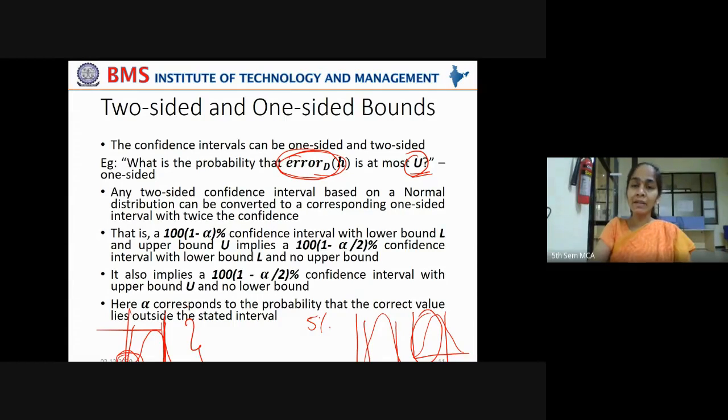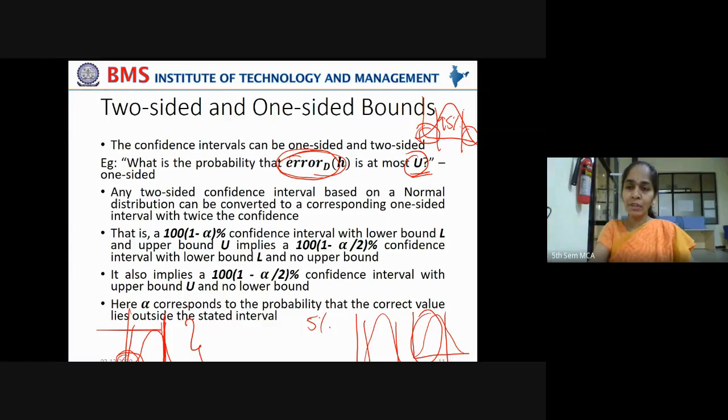When I'm taking a 95% confidence interval, the tails share 2.5% and 2.5% on either side. See, whenever you're taking a confidence interval like this, taking this as 95% confidence interval, the remaining 5% error, 2.5 falls in this and 2.5 falls in this range, right?